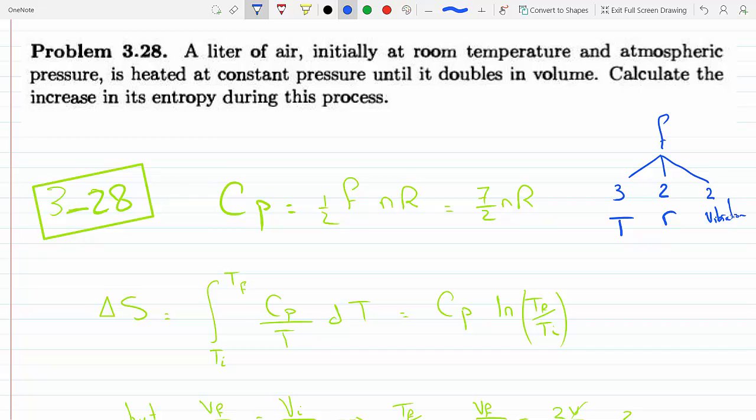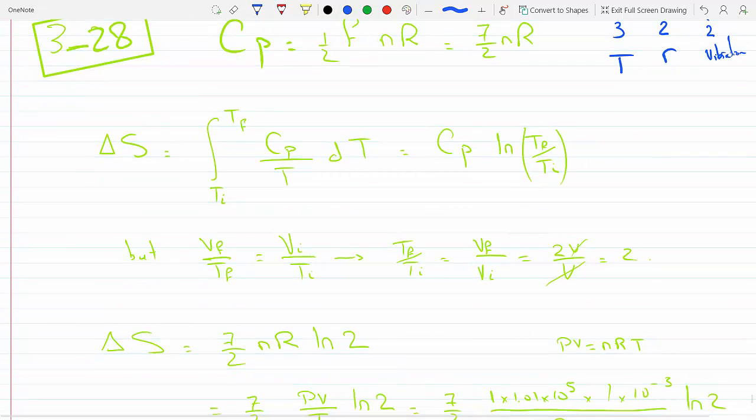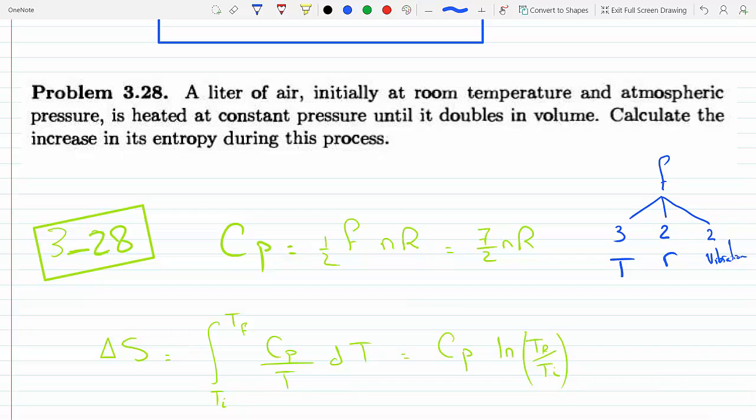The reason, first, is that the temperature will change as a result of the change in volume. The temperature will double, so we will go from room temperature to double that. The second thing is that when I went to the tables in the back of Schroeder's book, he has a Cp for the gas with a value that matches my 7/2 NR, not my 5/2 NR.